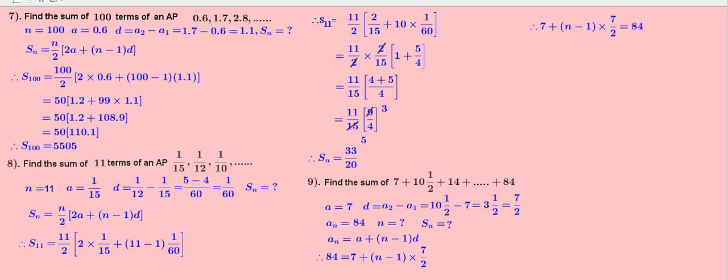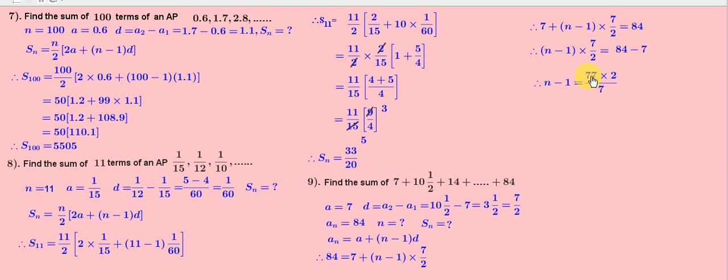Therefore 7 plus n minus 1 into 7 by 2 is equal to 84. N minus 1 into 7 by 2 is equal to 84 minus 7. Therefore n minus 1 is equal to 77 into 2 by 7, because 84 minus 7 is 77.